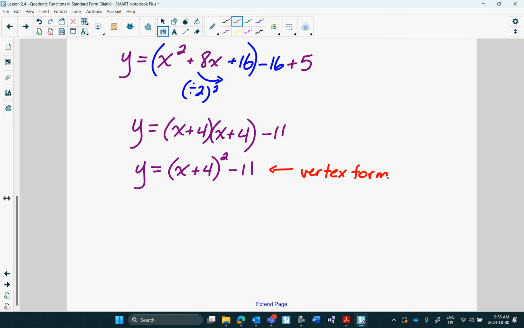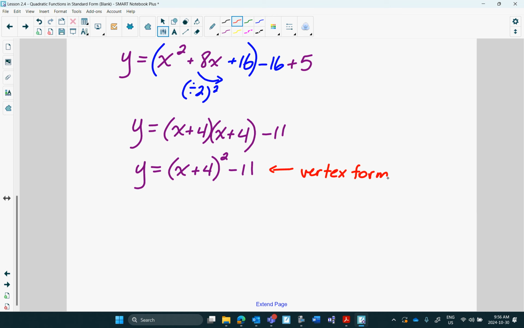Okay. Does it have a maximum or minimum? Minimum, because it opens up. There's no negative. At y equals negative 11. Good. Okay. Just want to keep reinforcing that. I mean, that's going to be a big chunk of what you're going to be tested on.